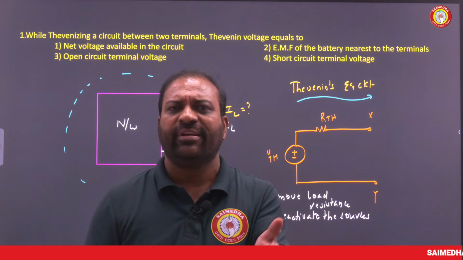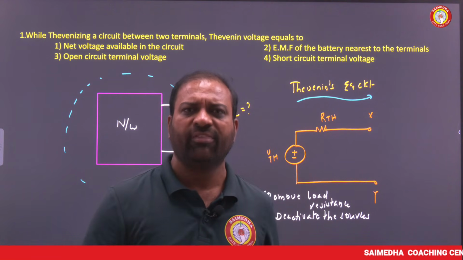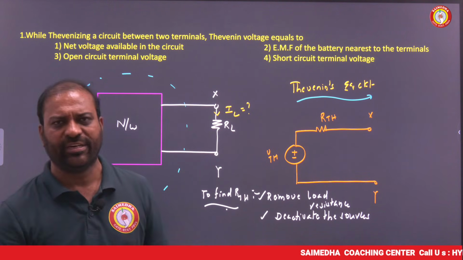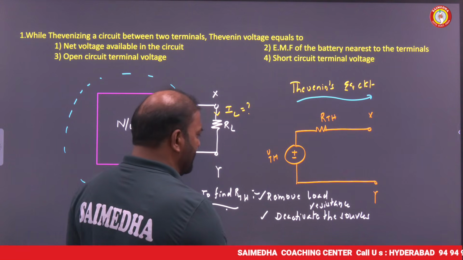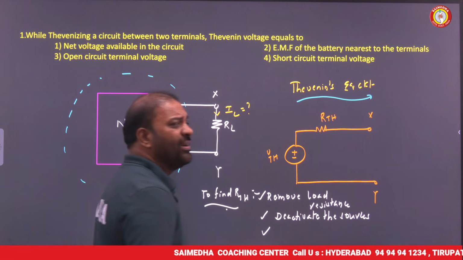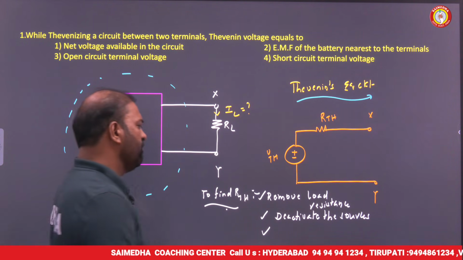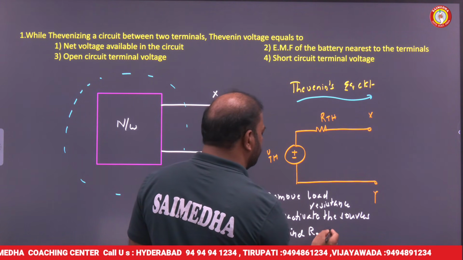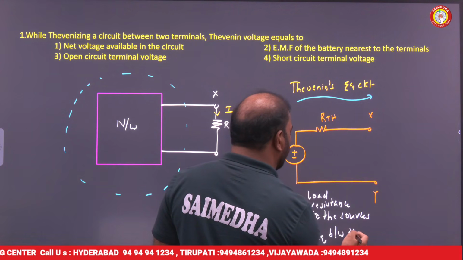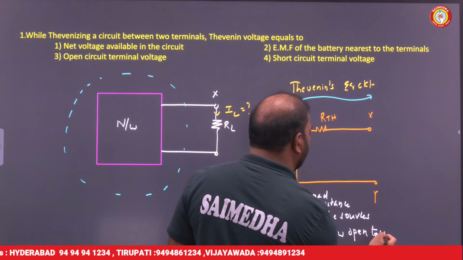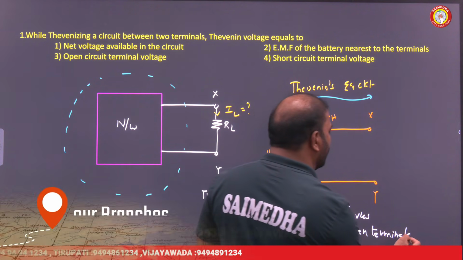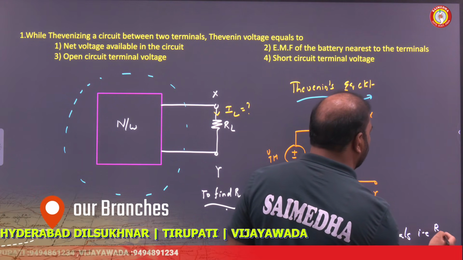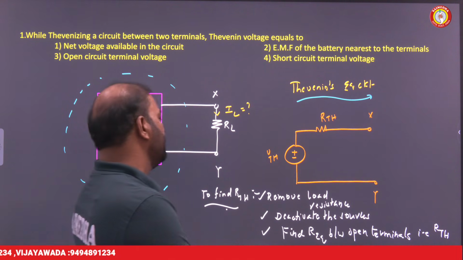Voltage source, short circuit it; current source, open circuit it. Afterwards, find the equivalent resistance between the open terminals. That equivalent resistance is nothing but RTH.